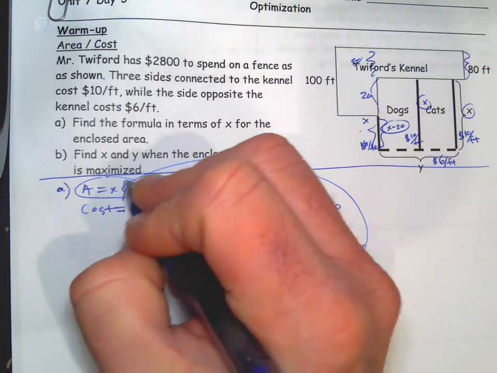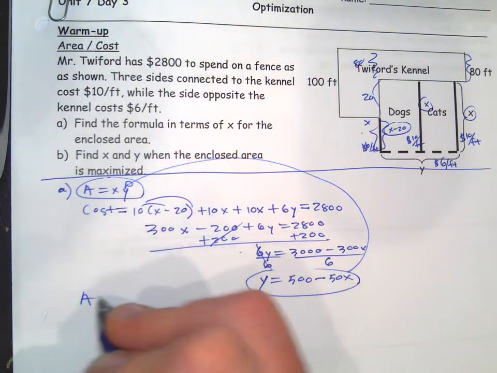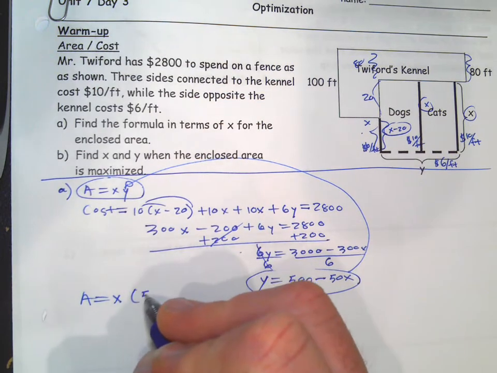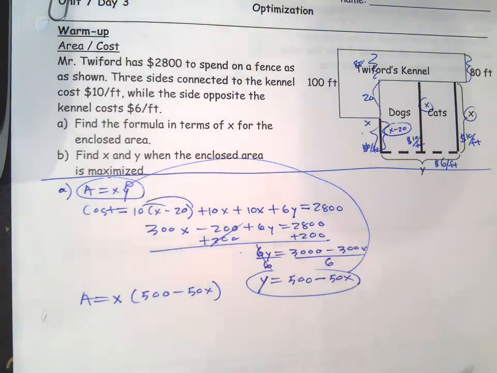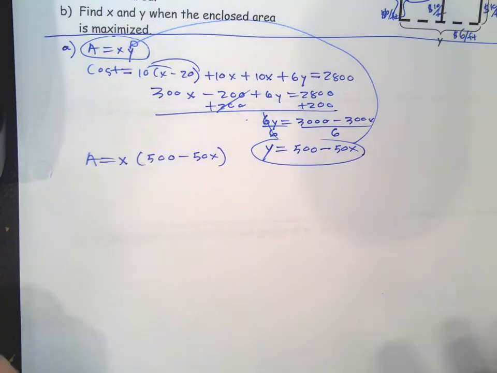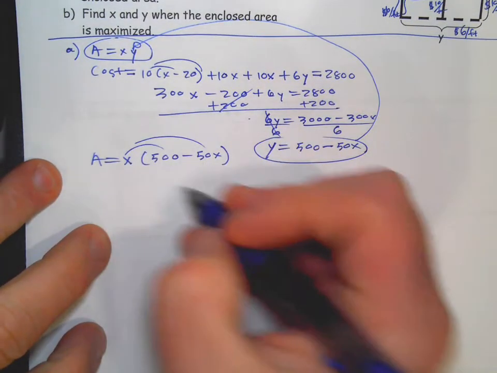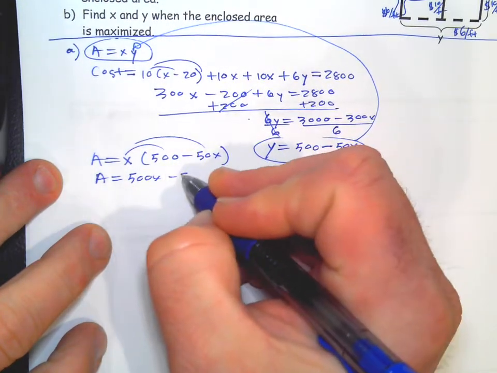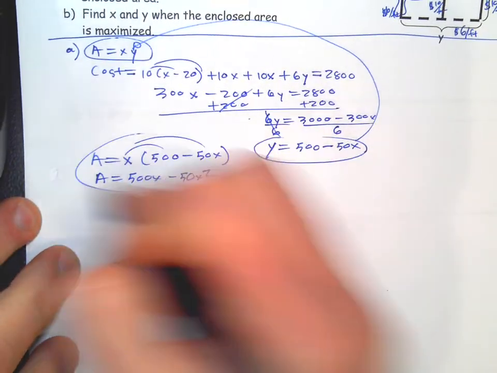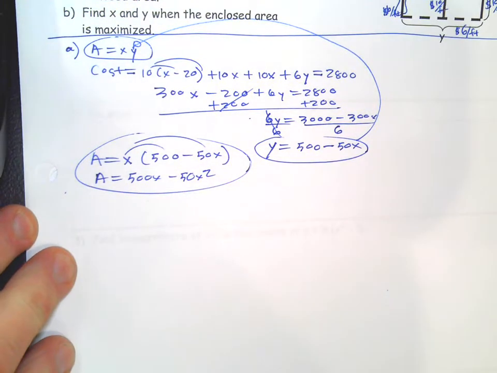We'll plug that in for the y in the other equation. So area equals x times 500 minus 50x. And so probably distribute this, 500x minus 50x squared. So that's part A.